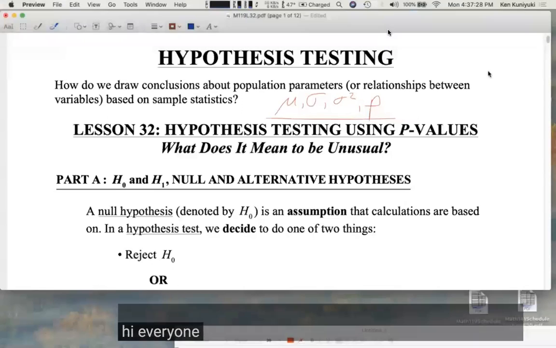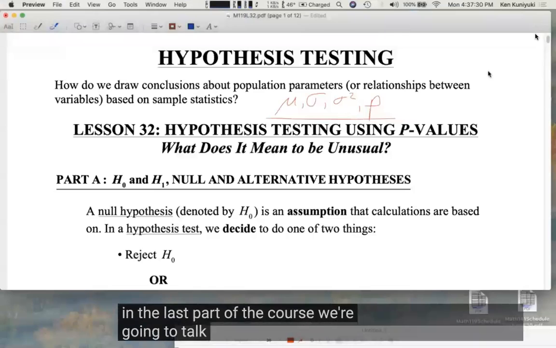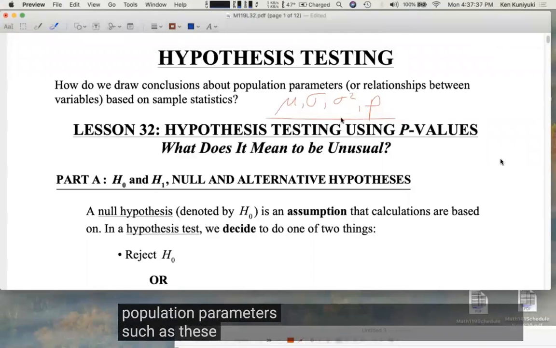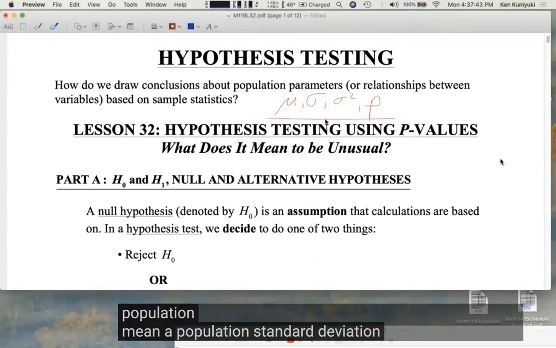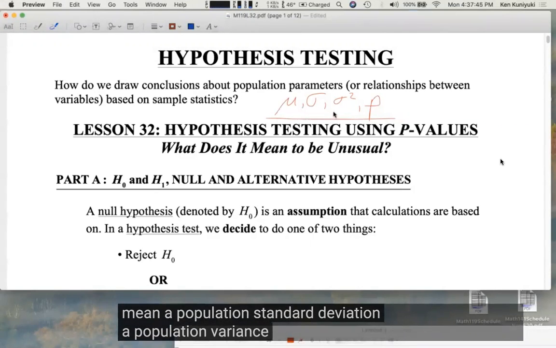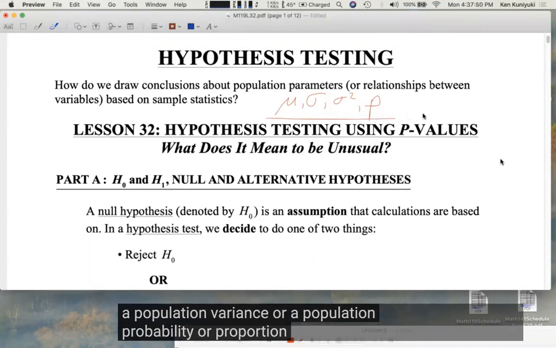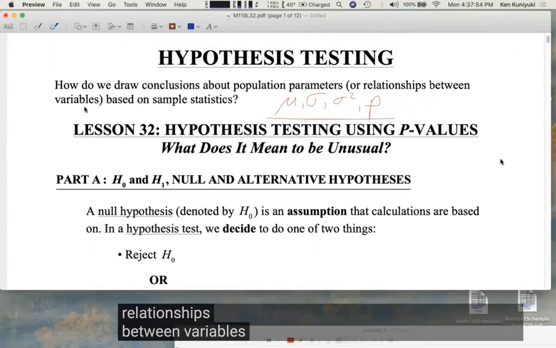Hi, everyone. In the last part of the course, we're going to talk about hypothesis testing. How do we draw conclusions about population parameters, such as these? A population mean, a population standard deviation, a population variance, or a population probability or proportion. And later on, we'll also do tests regarding relationships between variables.